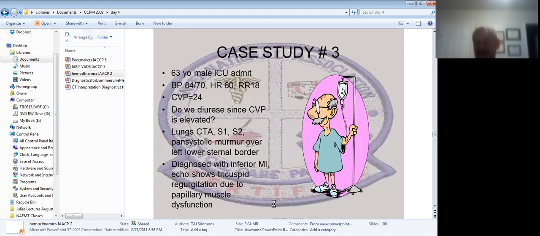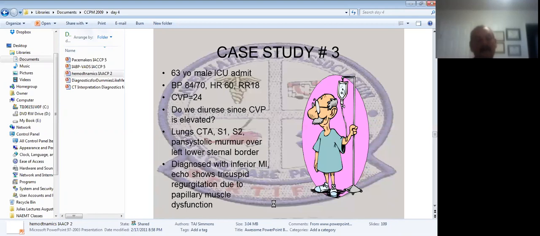So we don't actually have enough information to call that yet, but this is a 63-year-old with a blood pressure of 84/70, a heart rate of 60, and a CVP of 24. You have clear lungs, you have pansystolic murmurs at the left lower sternal border, and the patient has an inferior MI with tricuspid regurgitation due to papillary dysfunction from an inferior wall MI.